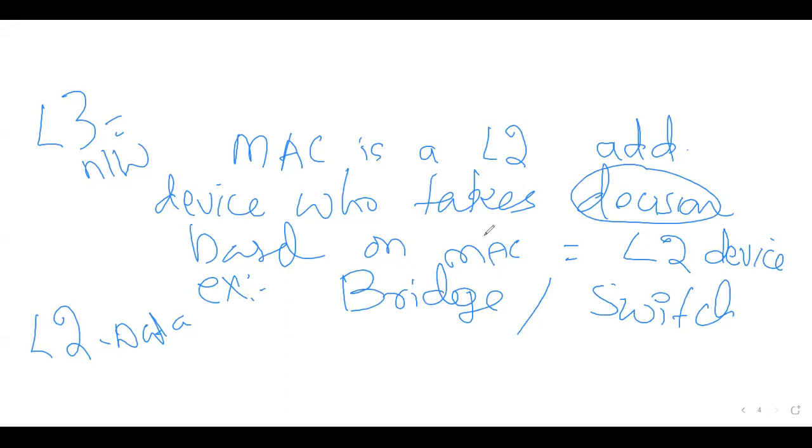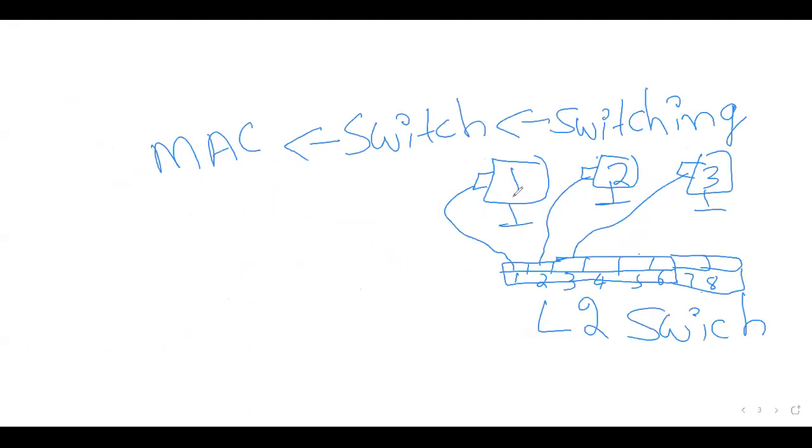Let's say I connected 3 computers in the switch. In order for these 3 computers to work, they are connected to the switch. So the switch needs to know who they are. Like, you know who I am by using my name Ali, and I know who you are by using your name. The same way, to send the data from one computer to another computer, the computer will send to the switch, and the switch will send to the other computer by knowing their MAC address. So the switch will work based on the MAC address.